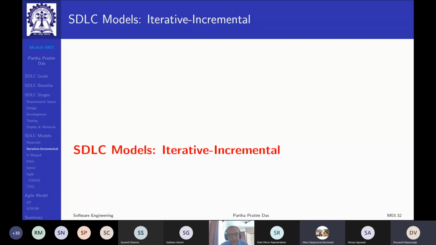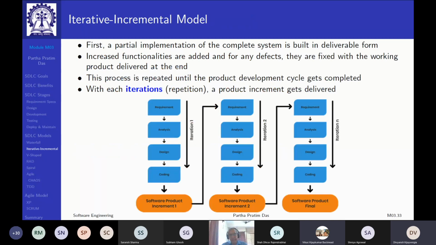Now, based on these observations, there have been a lot of improvements that people have tried out. The first is a nice model, which is the iterative incremental kind of model, right?